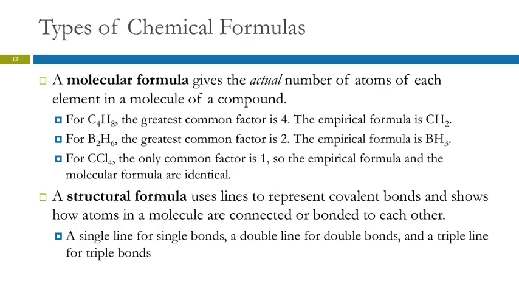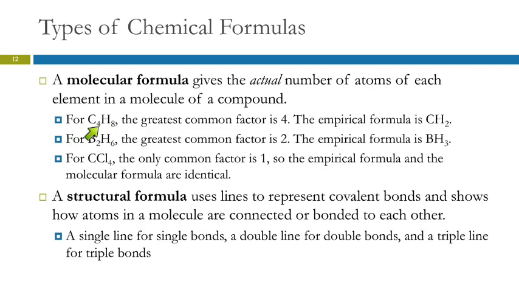The molecular formula is much more useful. This is the one we use most of the time. It gives the actual number of atoms of each element in a given molecule. So we have some examples here. C4H8, that's the molecular formula for a compound. From this, we can write the empirical formula.